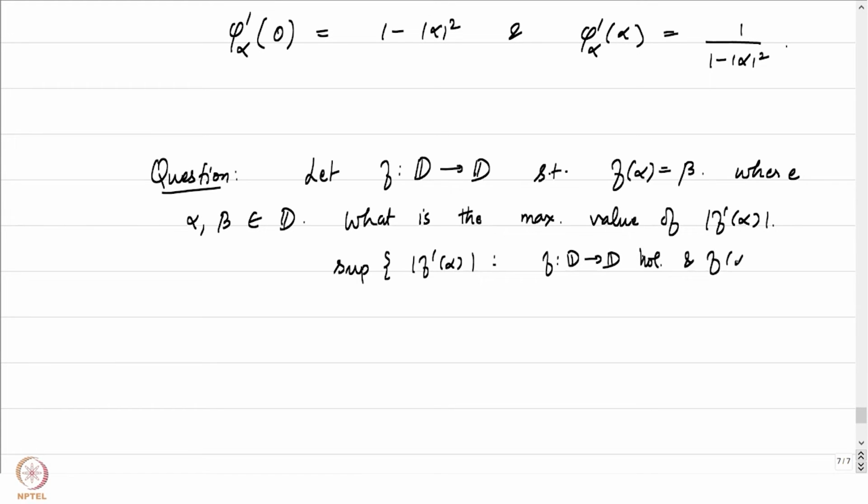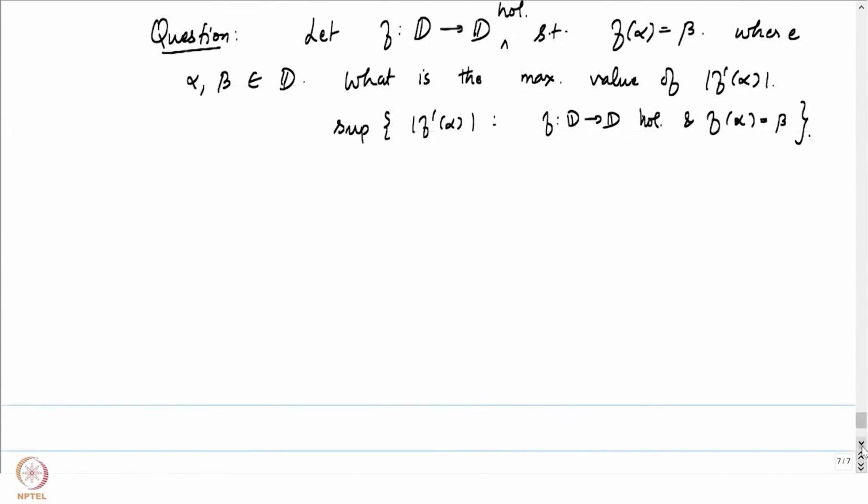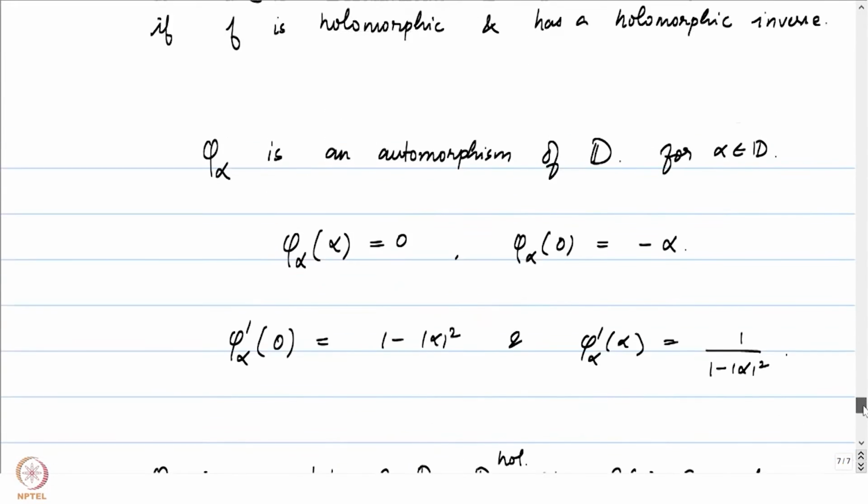Notice that I didn't put the condition of holomorphicity here, but we are dealing with holomorphic functions, and the only condition other than holomorphicity is that alpha is being taken to beta. That's the only condition.